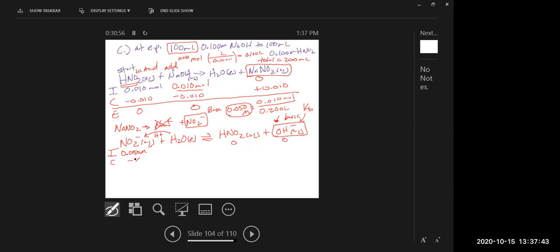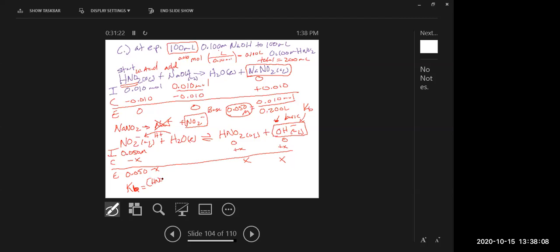Change will be minus x, plus x, plus x. That is going to get us 0.05 minus x, x and x. And as I mentioned before, this is a Kb, because we have hydroxide on our product side.